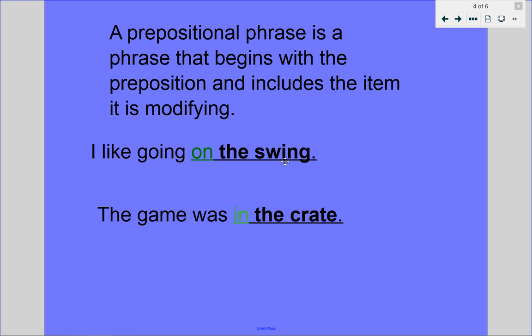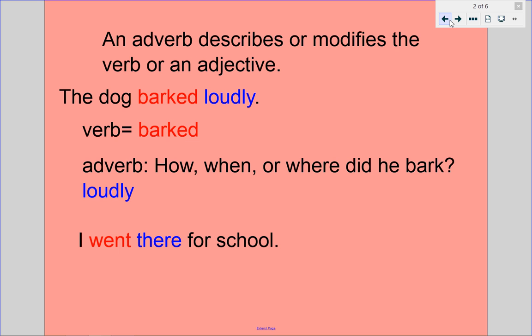Here's our prepositional phrases, starts with the preposition, ends with the object that it is talking about. On the swing, in the crate, above the house. Those type of phrases are prepositional phrases.